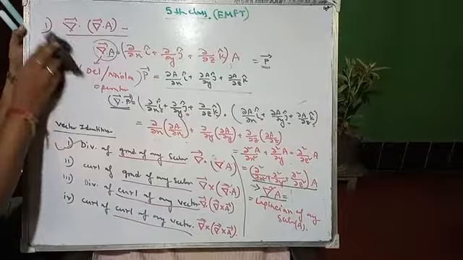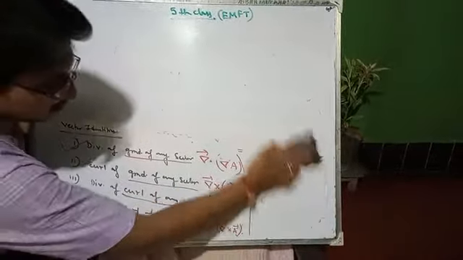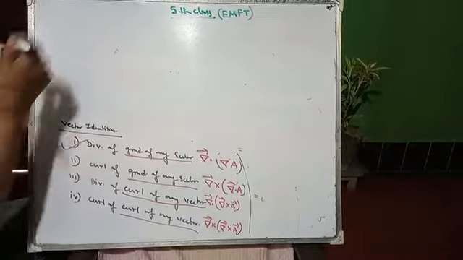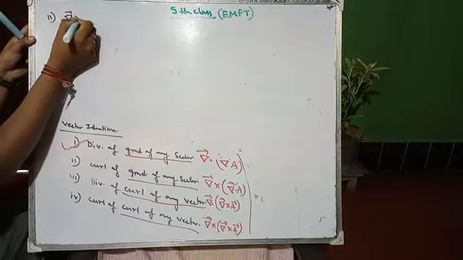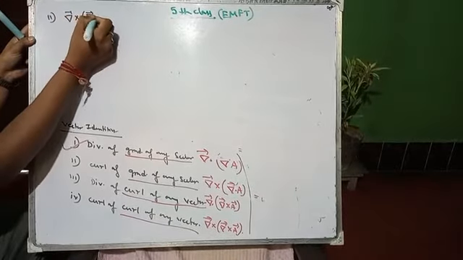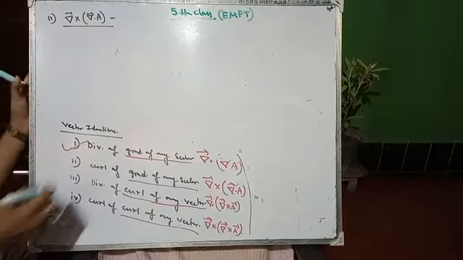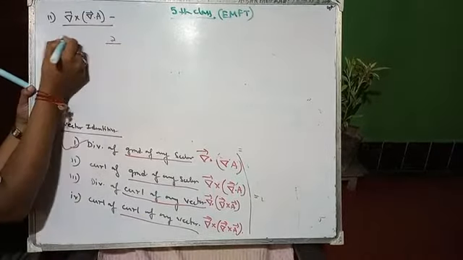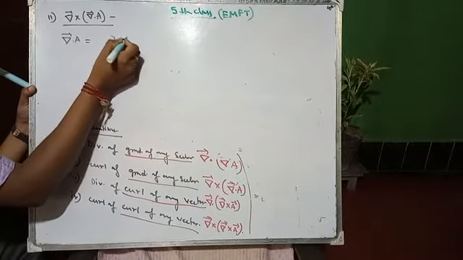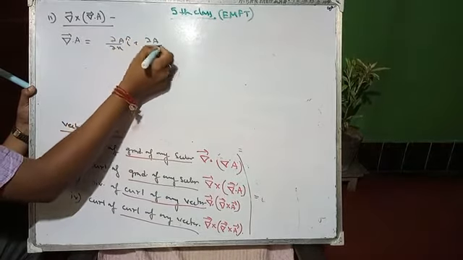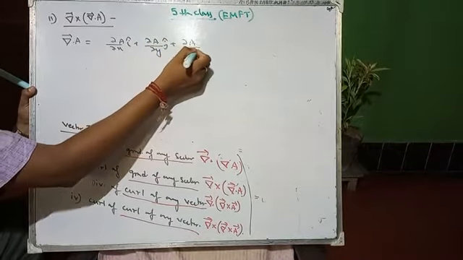Okay, so now the second one, curl of gradient of a scalar. The gradient of a scalar I have already found: gradient of a means del a del x i cap plus del a del y j cap plus del a del z k cap.